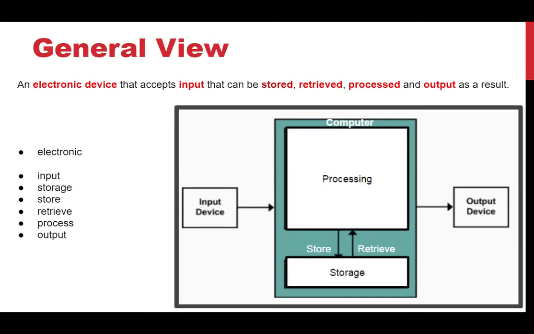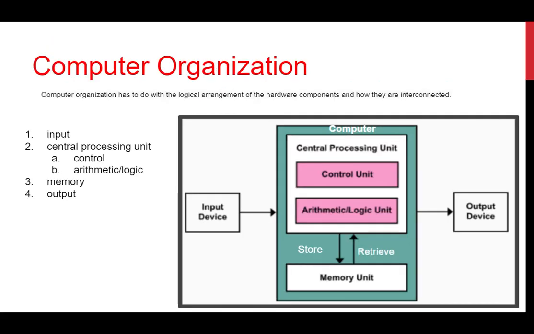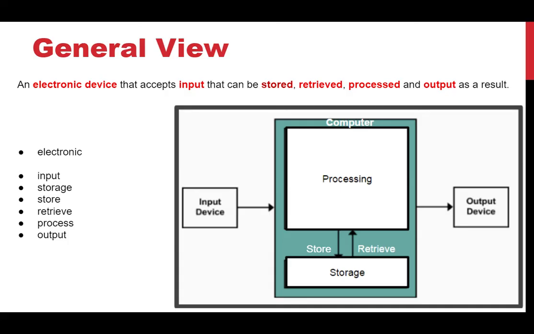So we cover it up and we don't look at the CU, we don't look at the arithmetic and logic unit, right? But we should always be familiar with what's going on inside of here and what all these components are doing. Because even if we look at processing generally, we should still be familiar with what is happening on the inside and why.